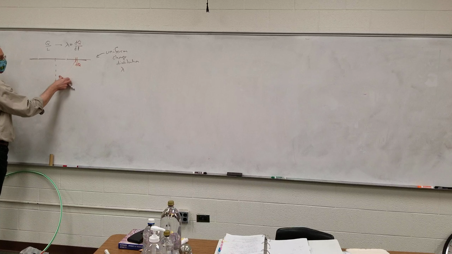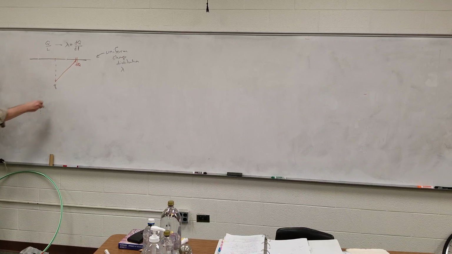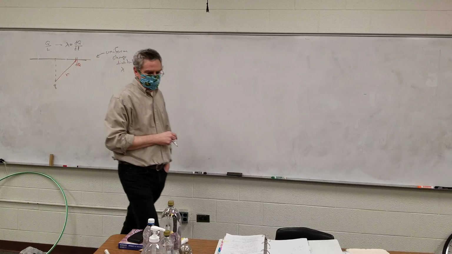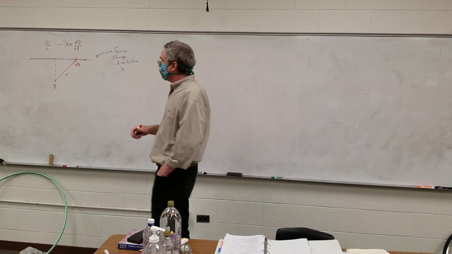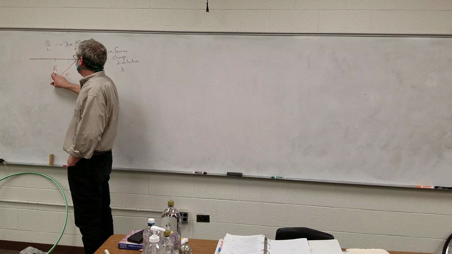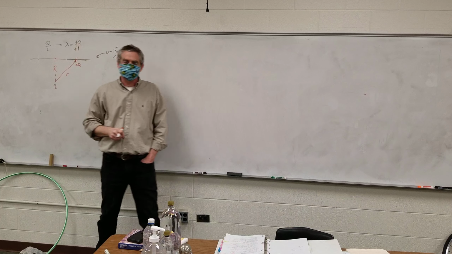That's supposed to be straight. That distance there would be little r. The distance from q to where the line is, just to keep some synchronization with my notes, I'm going to make big R, because you can't have too many R's in the same problem.